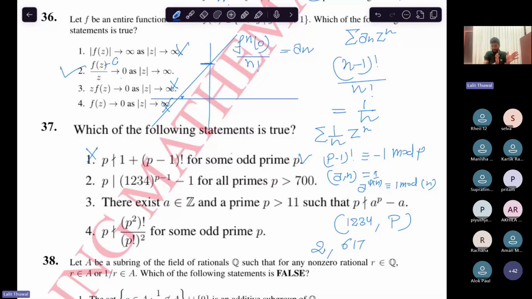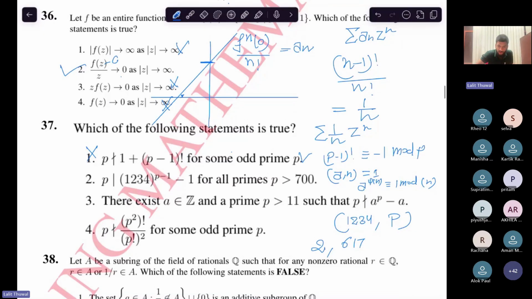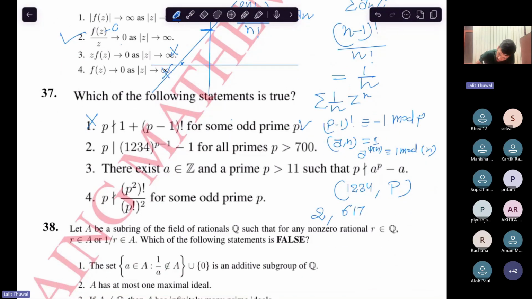It means that no prime greater than 700 divides 1234. It means the GCD of 1234 and p is 1, right? If the GCD is 1, then by Fermat's theorem, what should we have? 1234 to the power p minus 1 is congruent to 1 mod p. It means the second one is true and the others must be false.